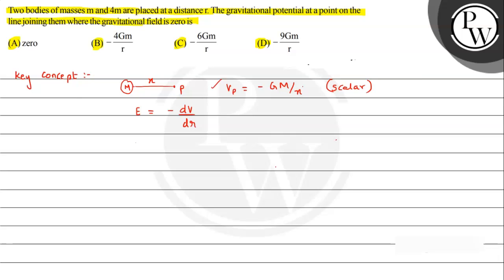If we wish to find the gravitational field along the x direction, we have to partially differentiate the expression of potential with respect to x, and the result comes out to be minus Gm upon x squared. The negative sign indicates that the gravitational field, being a vector quantity, at a distance x at point P will be acting towards the mass.